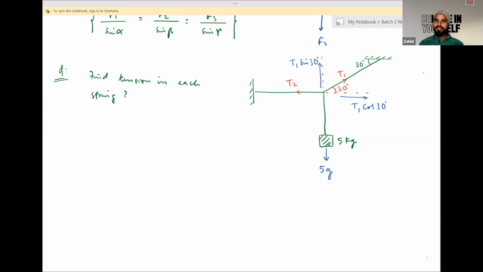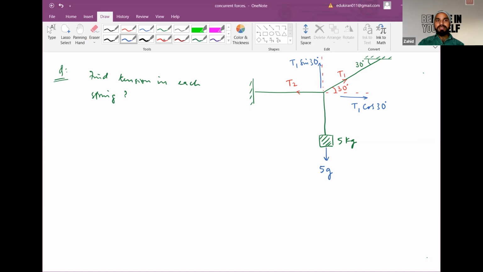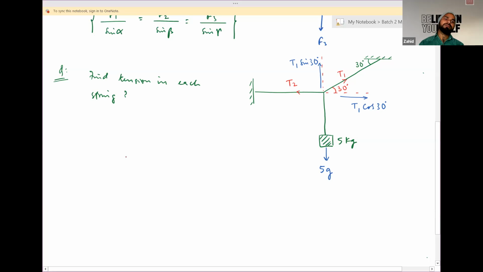Since the net force acting on the junction is 0, the total upward force must be equal to the total downward force. So along x-axis and along y-axis. Along y-axis we have T1 sine 30 degree equals m into g. Put the value of gravity to be 10.